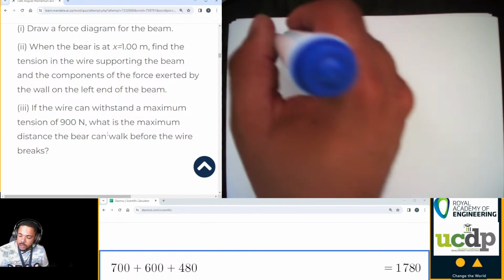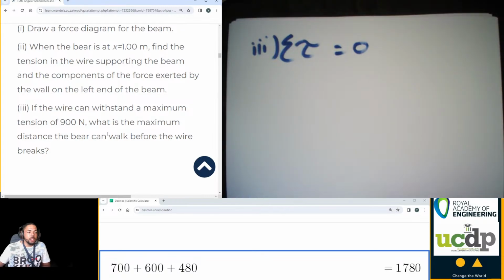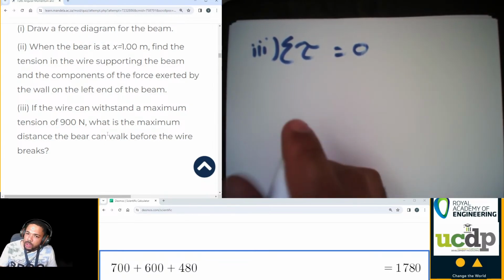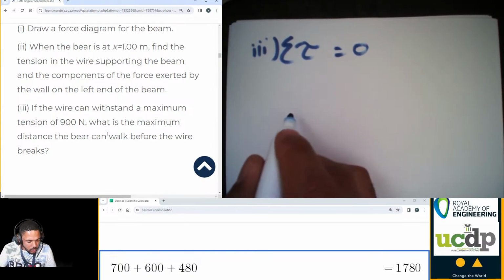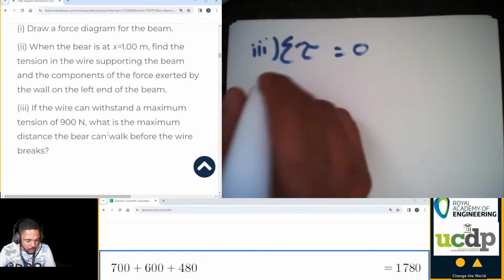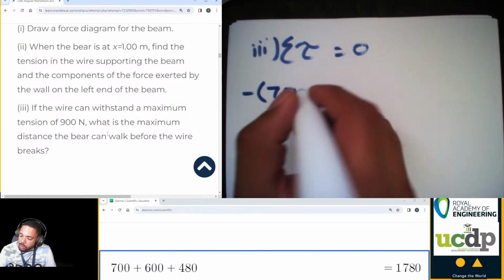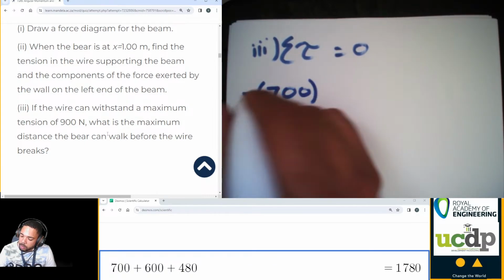You go, sum of the torques be equal to 0 for this beam. Now the sum of torque should be equal to 0. Let's say this bear weighs 700 newtons, its torque is going clockwise, so we put a negative there.